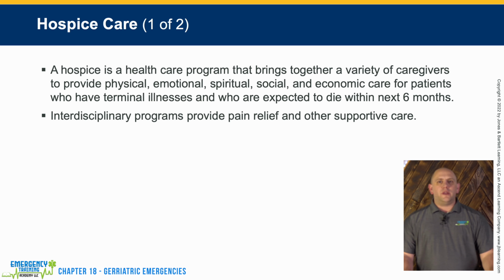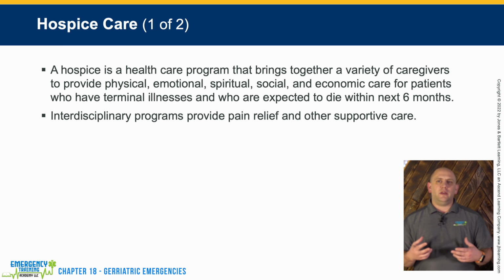We will also run into some end-of-life issues. Hospice care is a health program that brings together a variety of caregivers to help support the patient as they progress in a terminal illness.